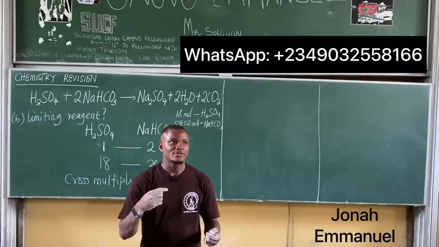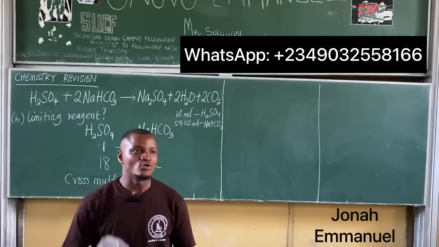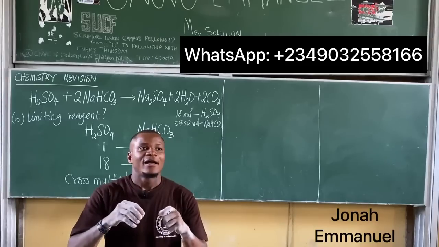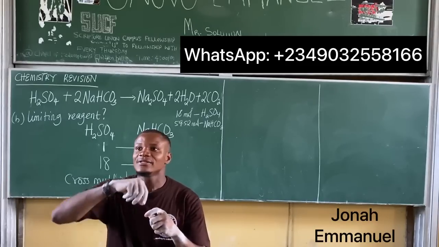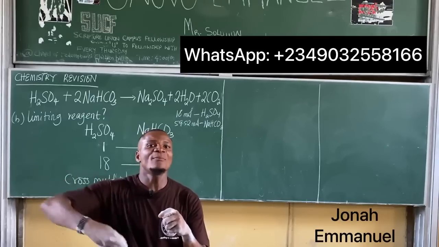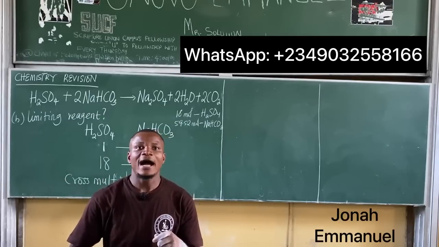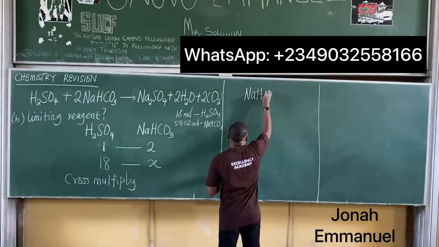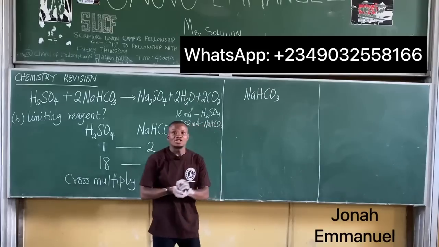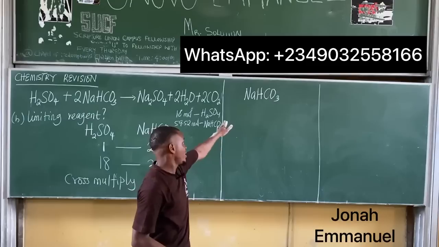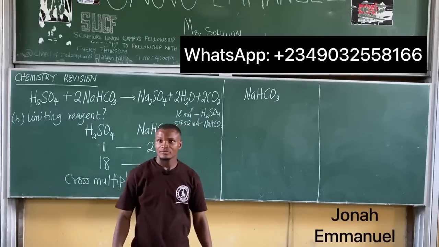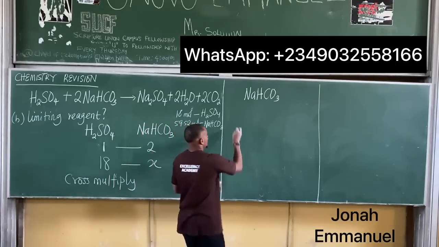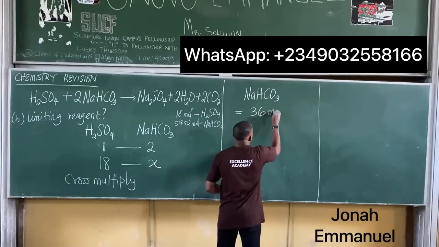All the acids have 18 moles, and the number of moles of NaHCO3 required to neutralize it is how many, please? Check. It is equal to 36 moles.